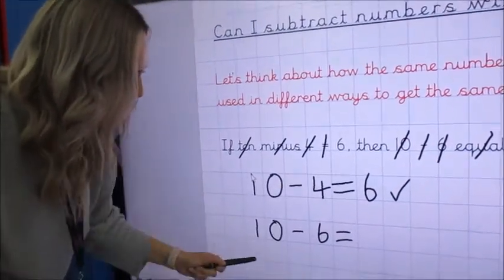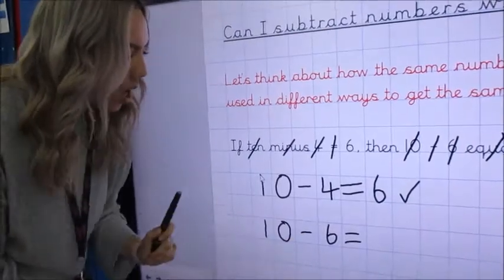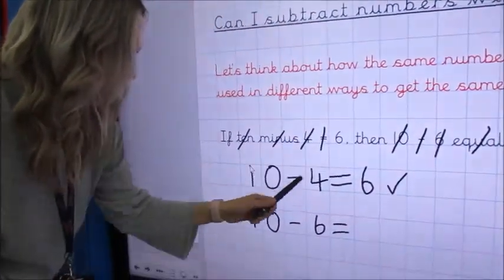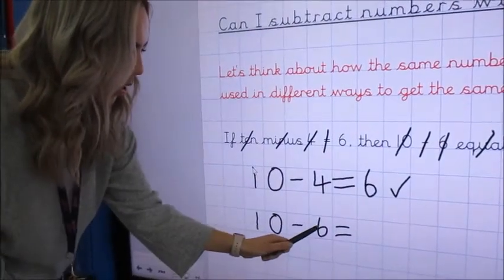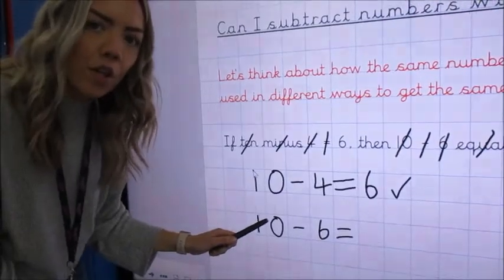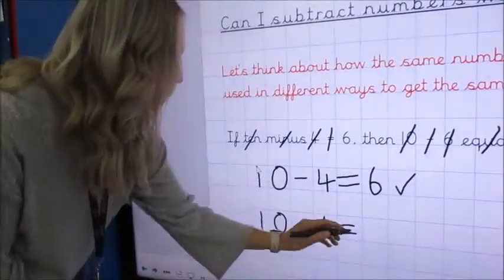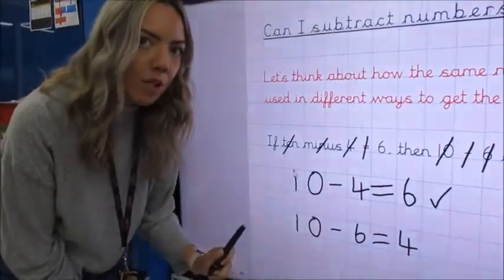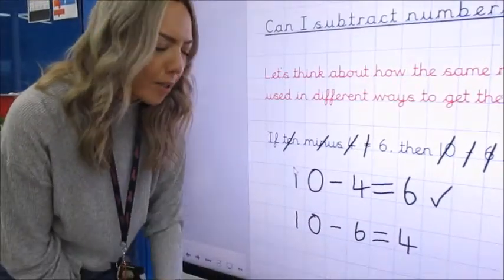Because all that's happening here is our numbers are being used in a different way. So we've used 10 and we've used 6. So what number's left out of here that we haven't used? 4. So let's put that there because it's exactly the same sum, remember, and just double check.